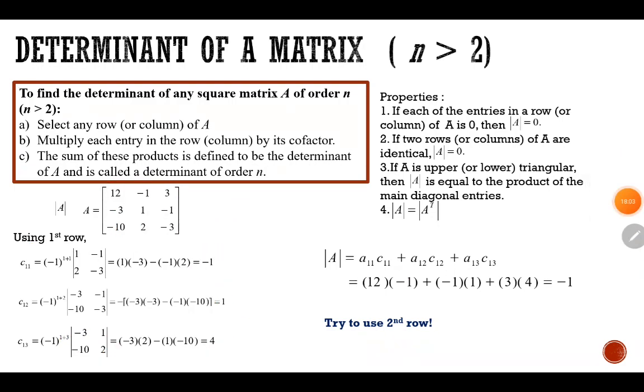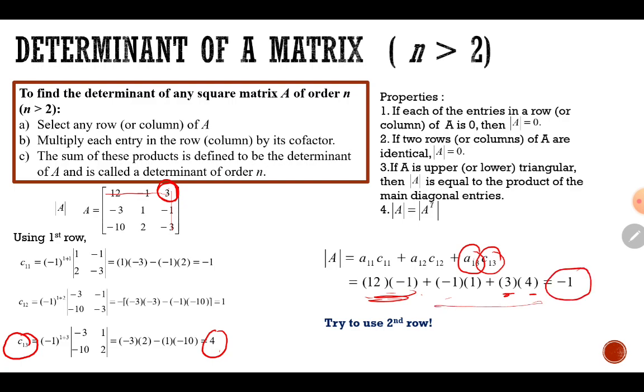Okay, seterusnya yang ni pula, okay, C13. Okay, 4 ni kita darab dengan A13. Kenapa yang ni? Sebab masa kita nak dapat C13 tadi kan, kita potong first row third column. So now kita darab dengan 3. 3 darab dengan 4. So when we get all this value, kita darab, lepas tu kita tambah lah. Then we get negative 1.